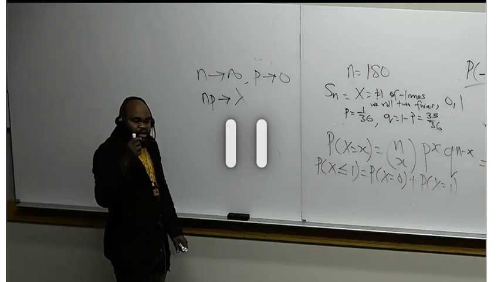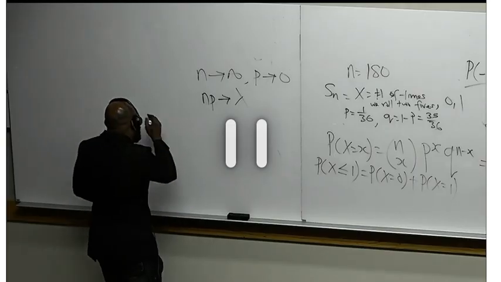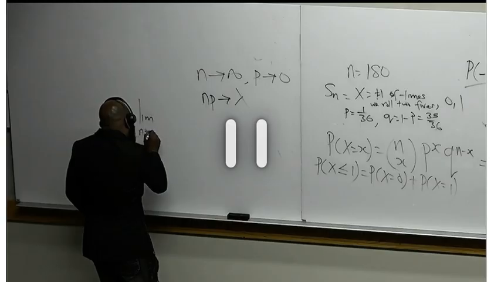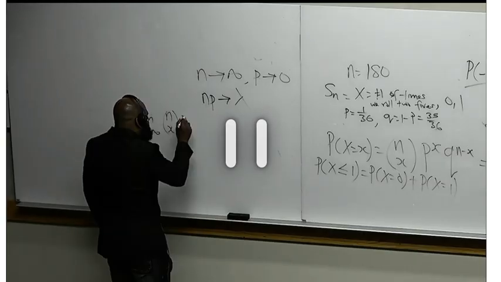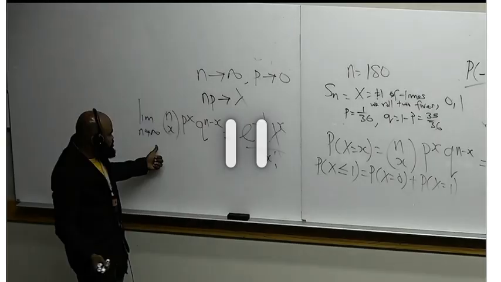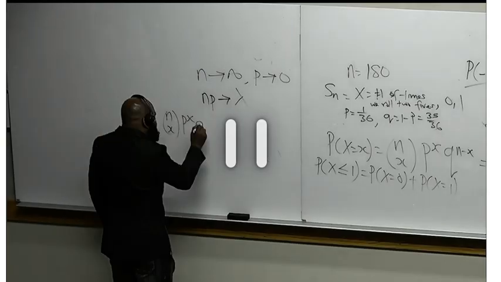In fact, we have a proof. We can prove that the limit as n tends to infinity of n combination s, p raised to power s, q raised to power n minus s, will lead us into this.